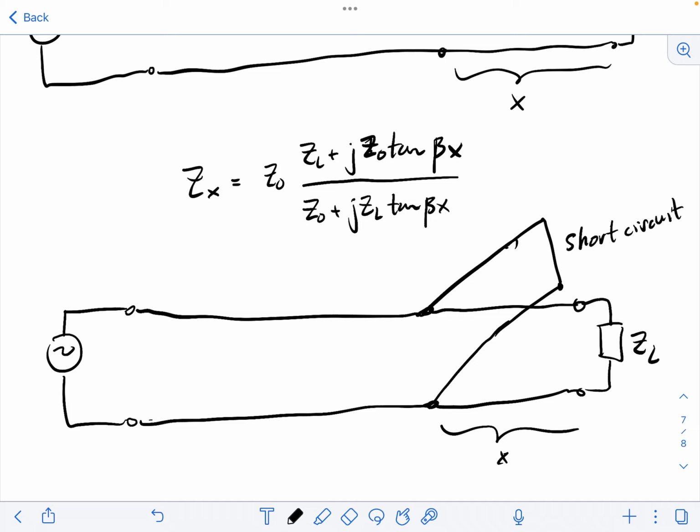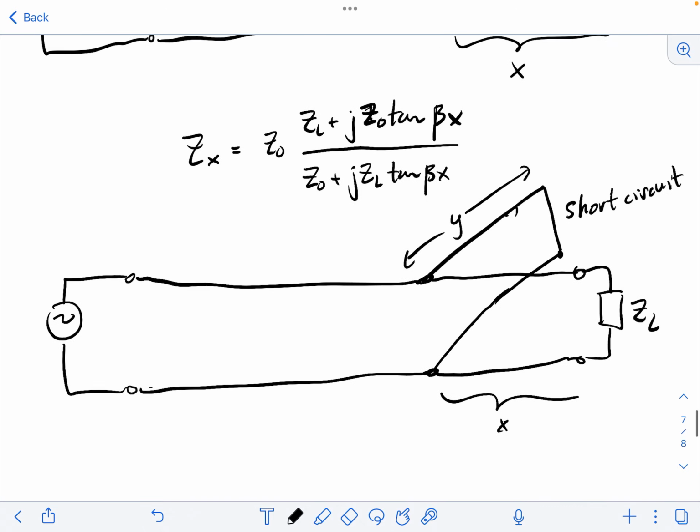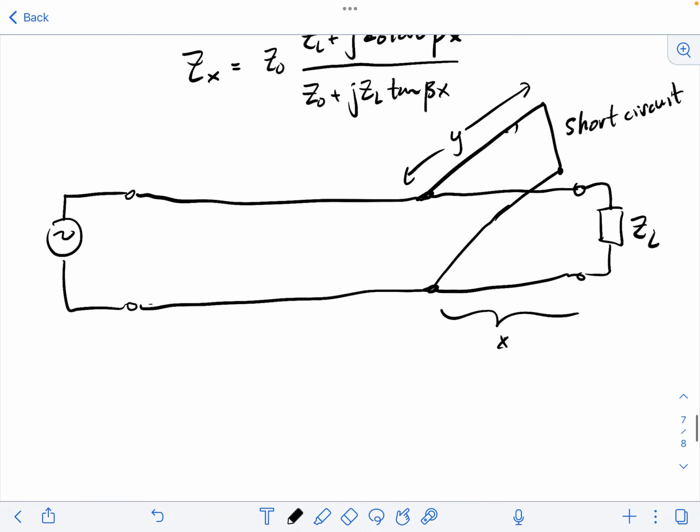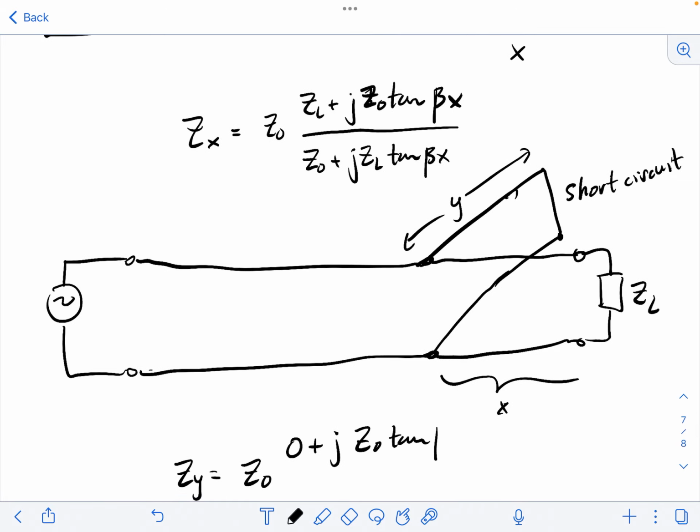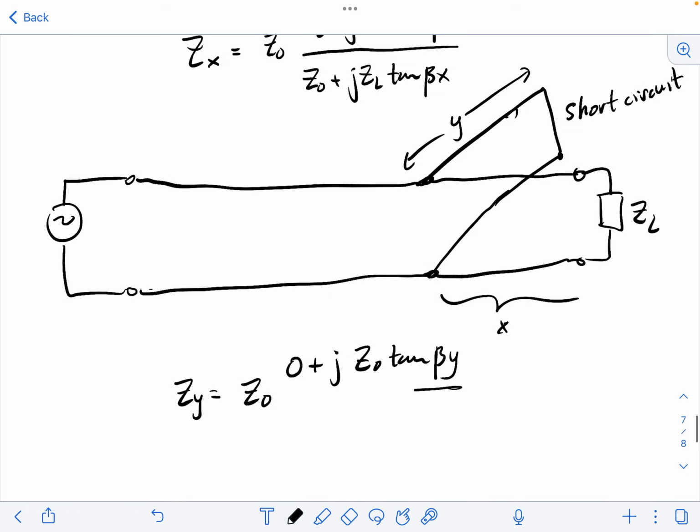And we can pick the length of this thing, and maybe we pick its length to be Y. And so we can write down an impedance for this section of transmission line of length Y. ZY is going to be Z0. Now, ZL is equal to 0. So we get 0 plus jZ0 tan beta Y, and then divided by Z0 plus 0.